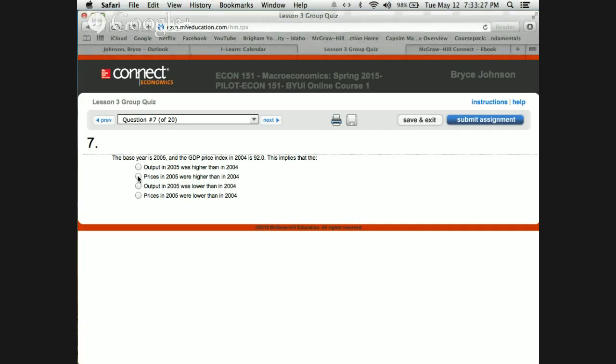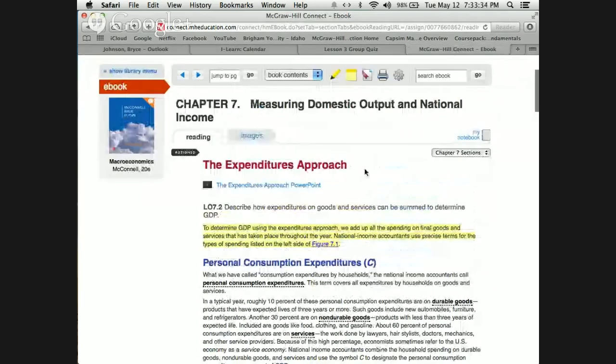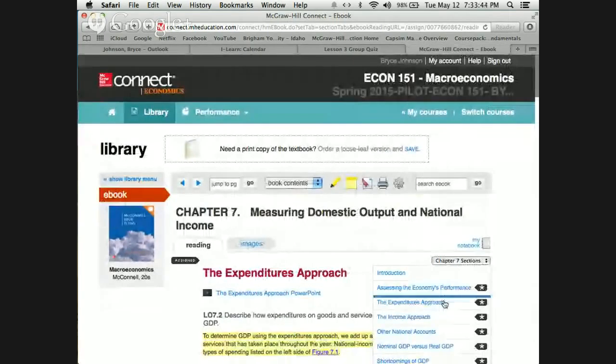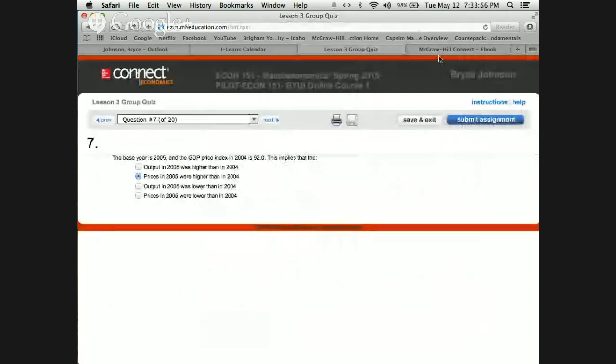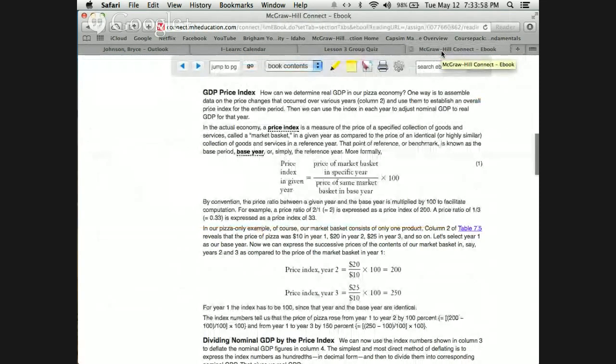That's what I had. I want to almost revisit that though, because I wasn't too sure on that. Is that here under the expenditures? No, it's going to be the price index, nominal versus real, right? I think so. Yeah, it's going to be that. Okay. So the question is, the base year is 2005. The GDP price index in 2004 is 92.